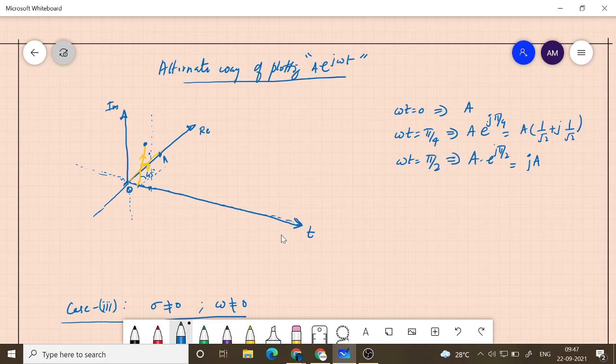Basically you can see that something like a spiral is forming. It's very difficult to draw. Maybe I should show this. So this is what I'm trying to say. We have jA, so it will be in the vertical direction, somewhere here.